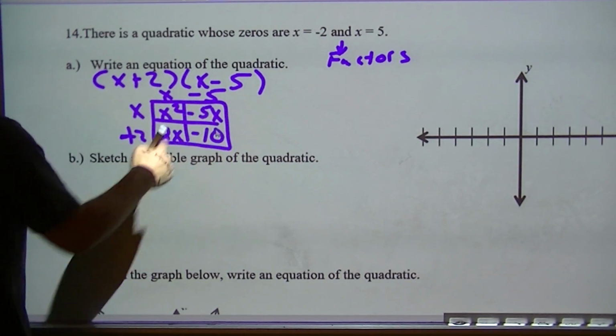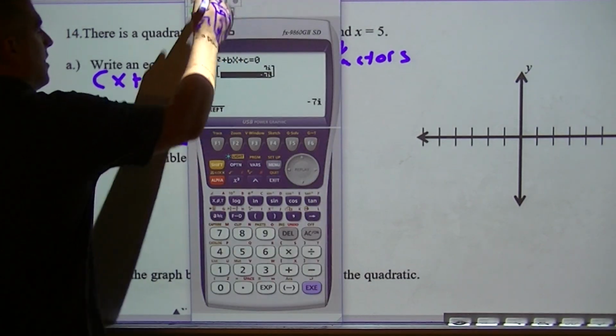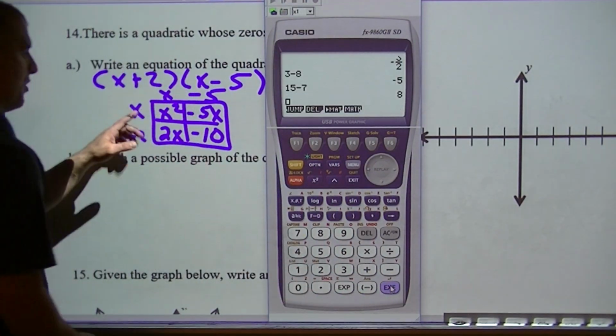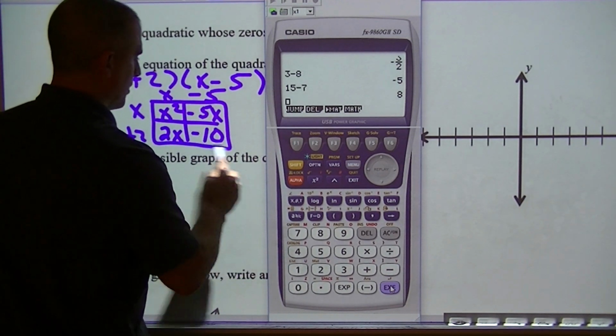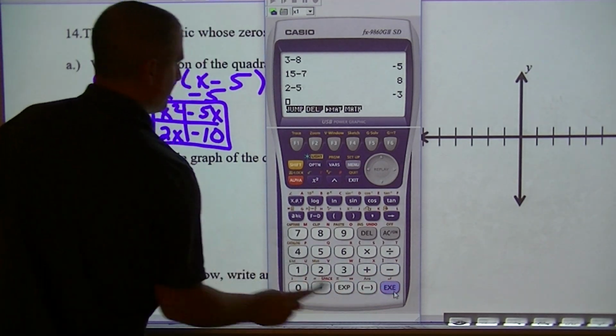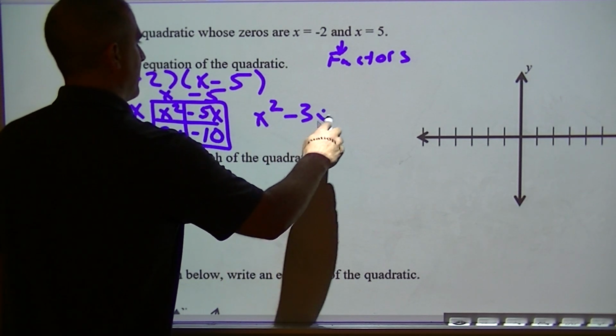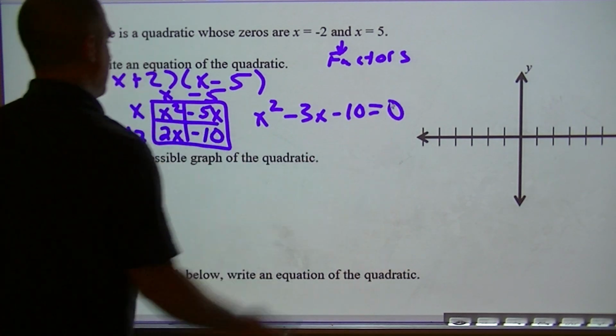Now the only things that are going to combine there are those two numbers, so all this is multiplication, okay? So 2 minus 5, which is -3. So I got my equation of x squared minus 3x minus 10 equals 0, okay?